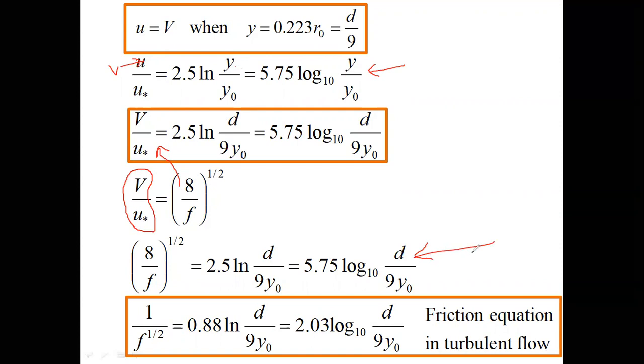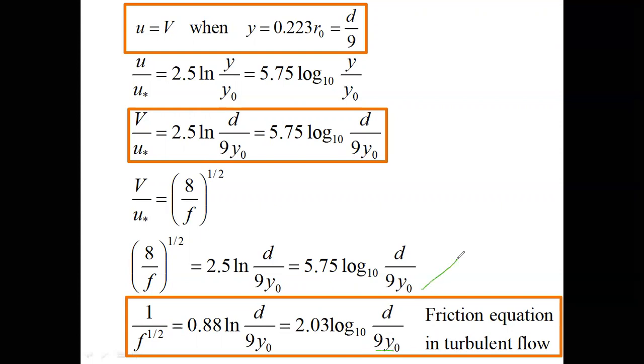Further, we know 8 is the value. Then if you simplify this, we can reduce this equation into this equation. This equation is 1 over square root of f equals 0.88 ln d over 9 y naught, or in log 10 terms, 2.03 log 10 d over 9 y naught.